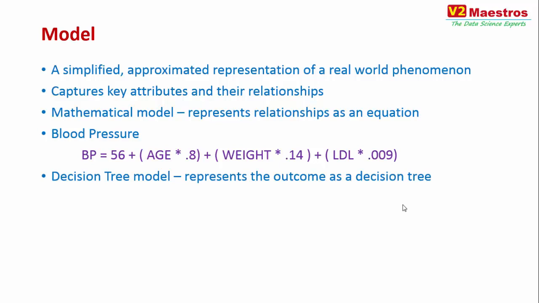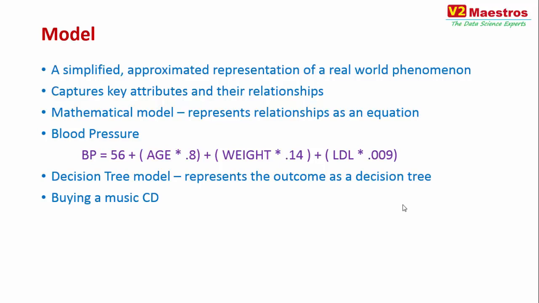There could be another model which is a decision tree model. It is like a logical model where you ask a series of questions, and the questions you ask include various attributes, and then based on that you come up with an outcome.